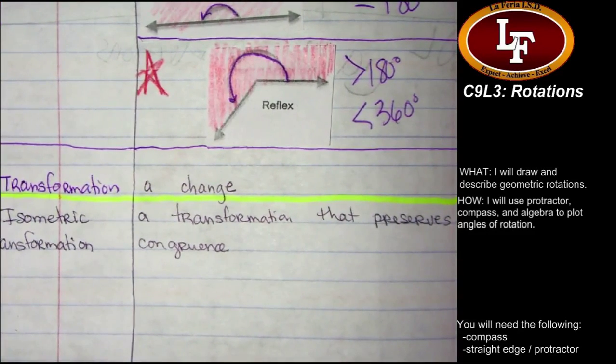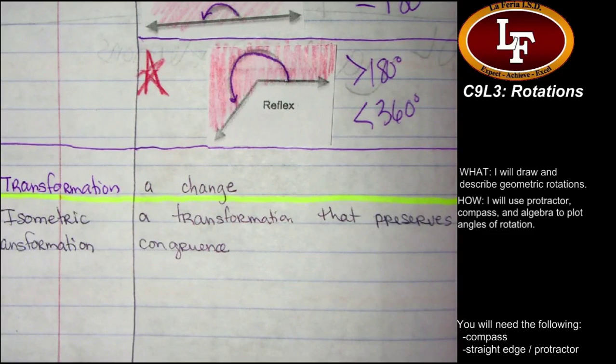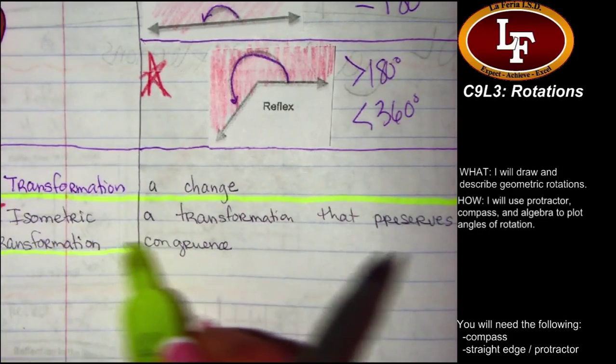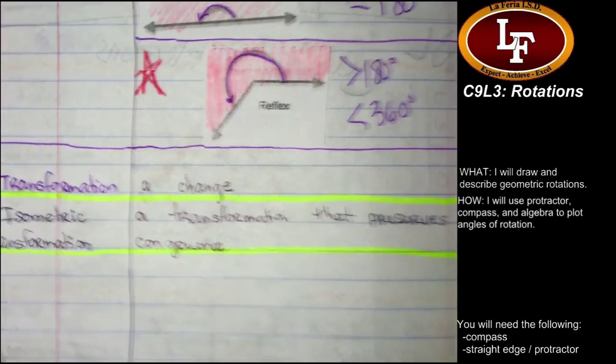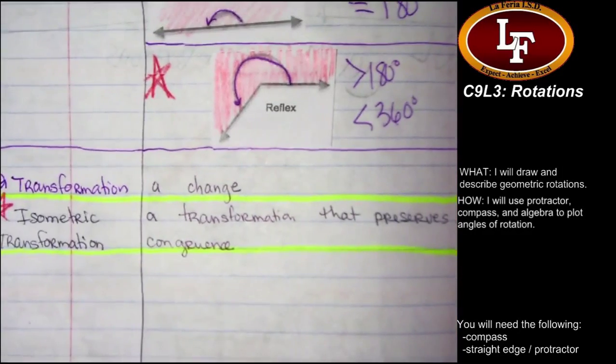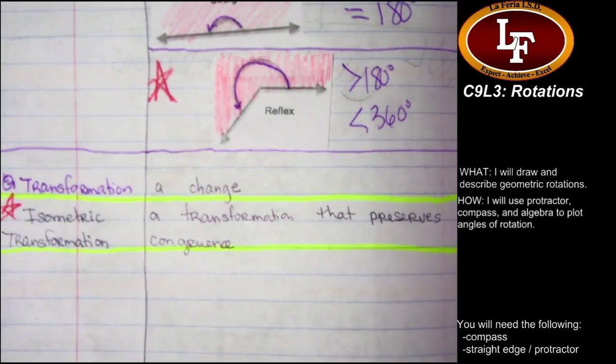Which means that when you're done doing whatever change you need to do to your pre-image, the image has the same size and the same shape as the original. So there's your formal definition.